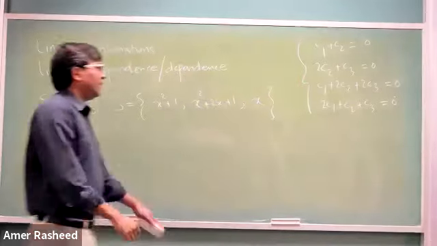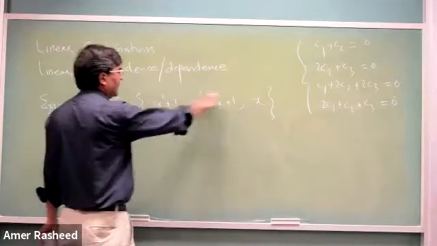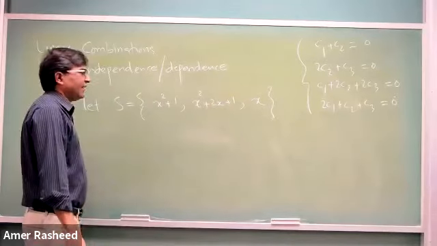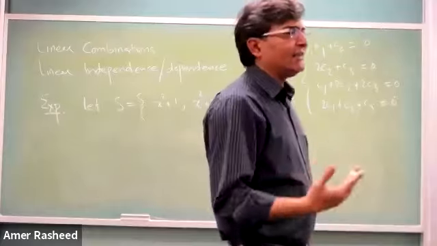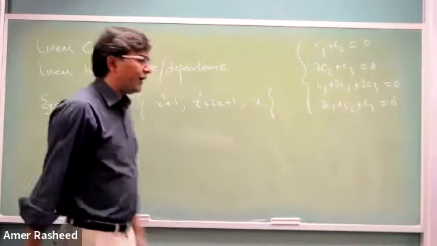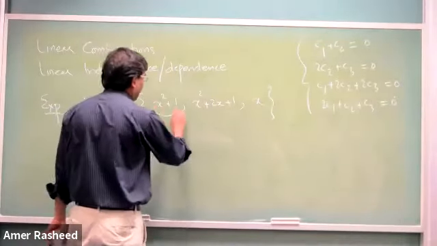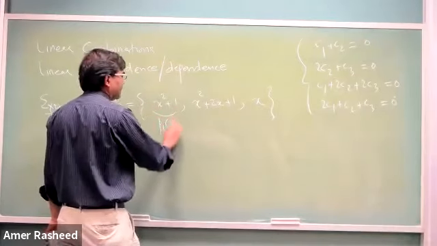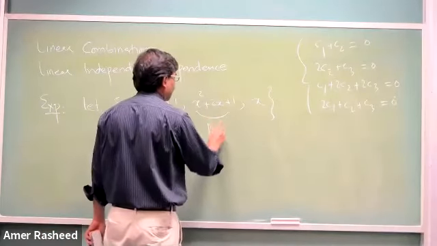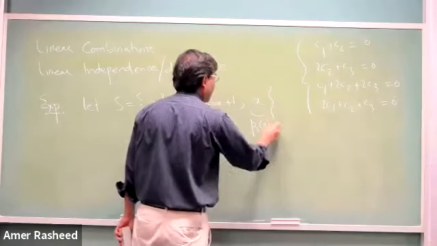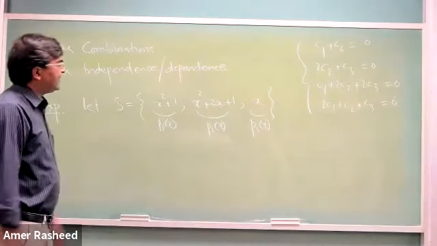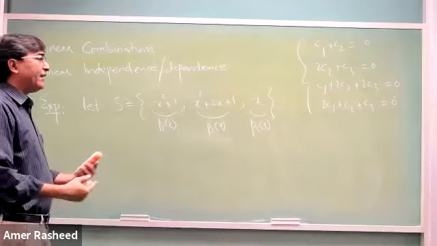And what is the degree of these polynomials? It's basically a set of polynomials of degree less than or equal to 2. We call them P1 of x, P2 of x, and P3 of x. Now, we need to check whether these 3 polynomials are linearly independent or not.